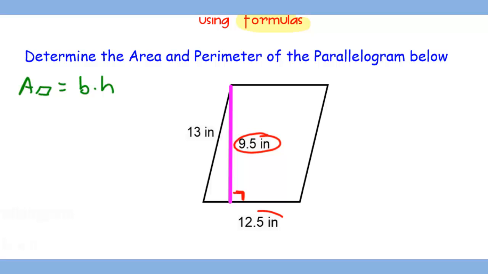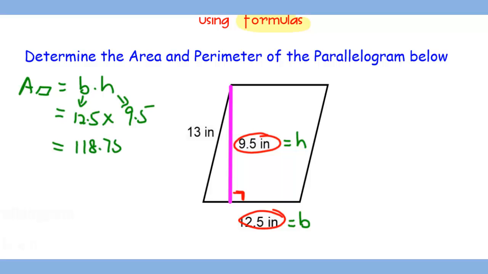So 12.5 will be the base and 9.5 will be the height. Now all we need is to substitute a number into the variable, where b is the base, 12.5 times 9.5 as the height. And if you put this into the calculator, you will get 118.75 square inches as your answer because you're finding the area of the shape.